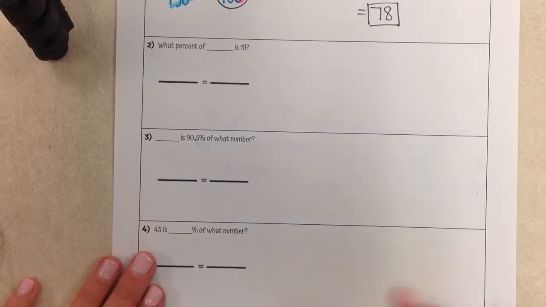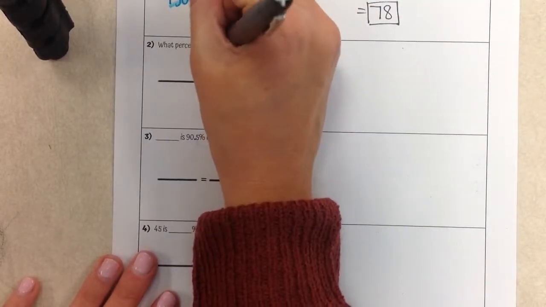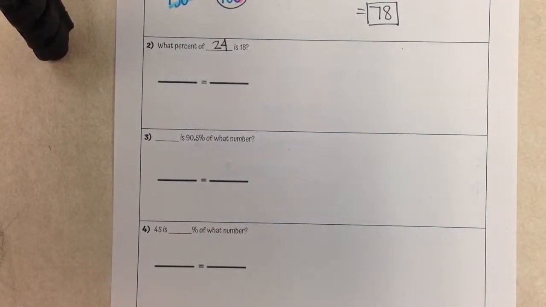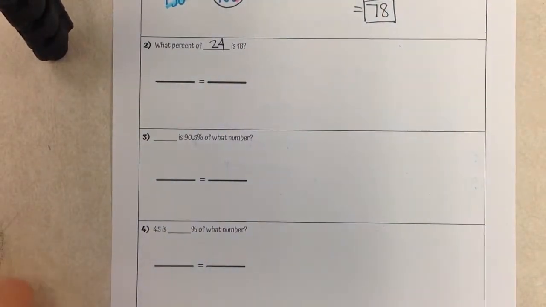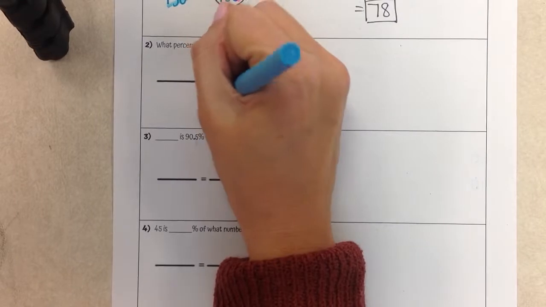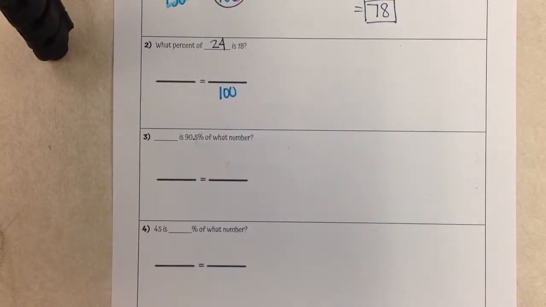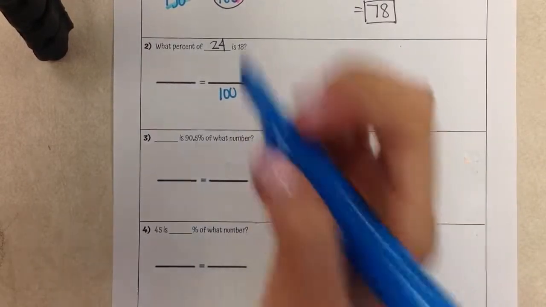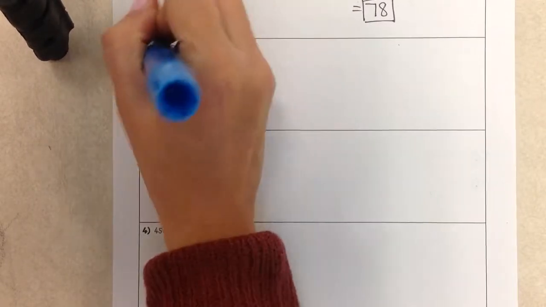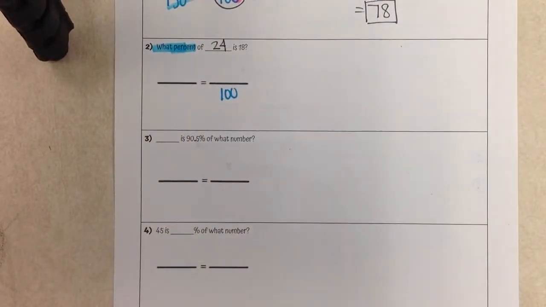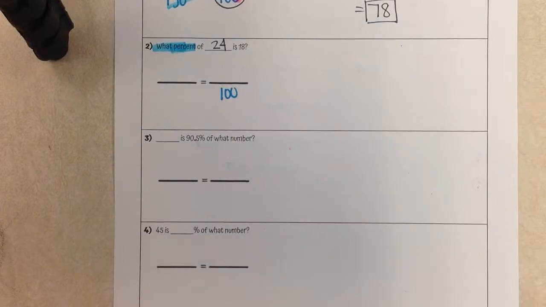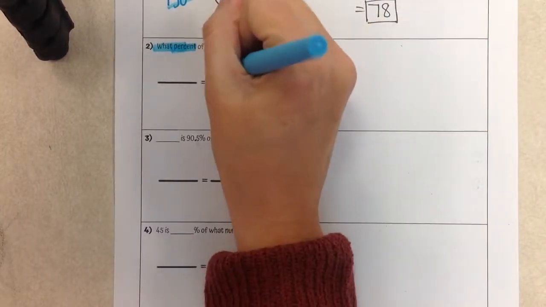All right, number 2. What percent of 24 is 18? So again, before I start, I can plug in 100. I know it's always going to be out of 100. Percent is always out of 100. Next thing I look for is the percent. I don't see a percent sign, but I see the word percent and it says what percent. That means we don't know the percentage, so that is actually going to be our unknown.